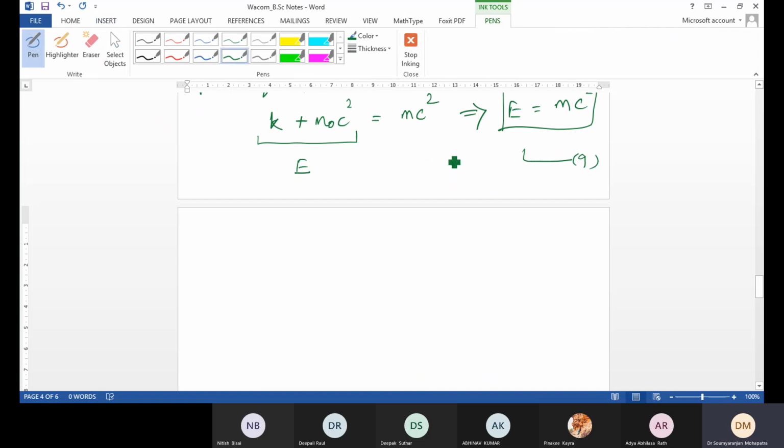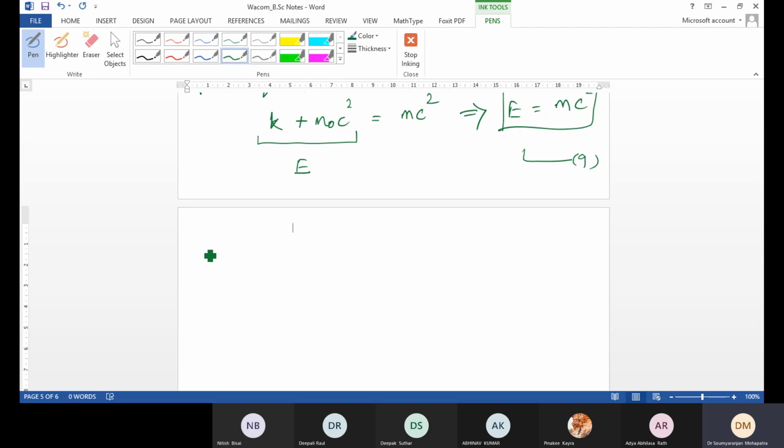So I got E equal to mc square. From here, suppose a particle is moving with speed 0, then I can say that K is 0. For the particle with speed 0, K plus m naught c square, the K part becomes 0. That means your E has become E naught.